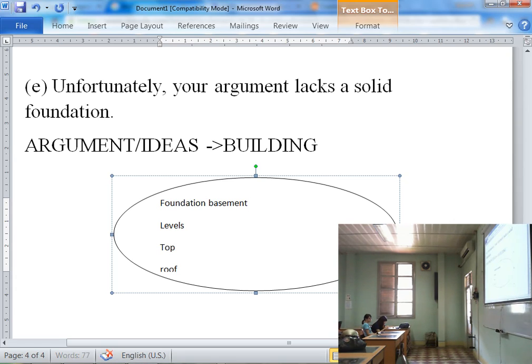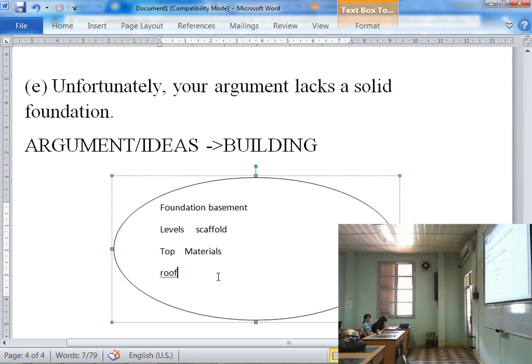What else? It has scaffold, right? What else? Materials. Right. What else? It has pillar. It has pole. Right? What else?